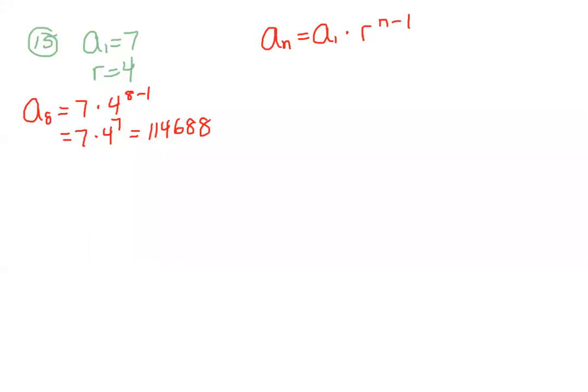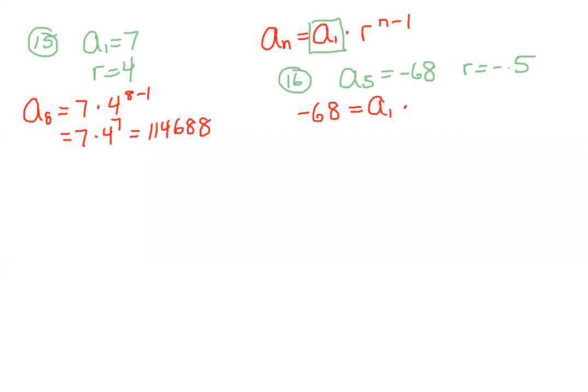Okay, number 16, we've got A5 equals negative 68, and R equals negative 0.5. Now we want to find A1. So we're going to say negative 68 equals A1 times negative 0.5 to the 5 minus 1. This right here is our n. And now we've got to solve for this. So what are we going to do?